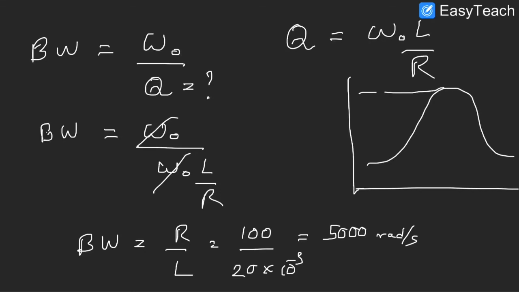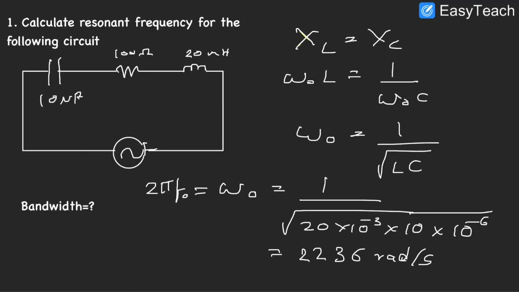This is my Imax, and Imax by root 2 is here, and the gap between this point and this point is 5,000 radians per second. So it's quite simple to understand, and it was a pretty easy problem to solve. In your FE exam, all these formulas are going to be in your reference book, and all you need to do is substitute them.